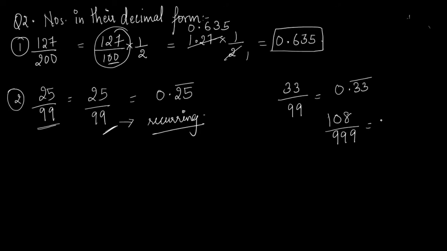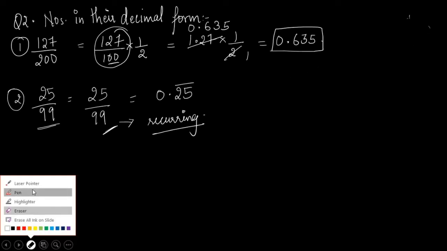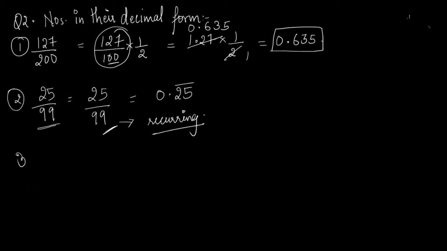So I write this as 0.108 bar. If I have 2 upon 9, then I write it as 0.2 recurring. So this is quite simple, children. If you have 9 or any number of 9s, you understand that it is going to be a recurring decimal fraction. Okay, let's start with sum number 3.